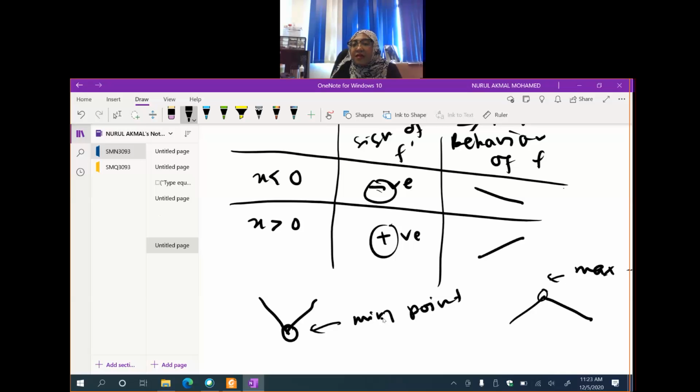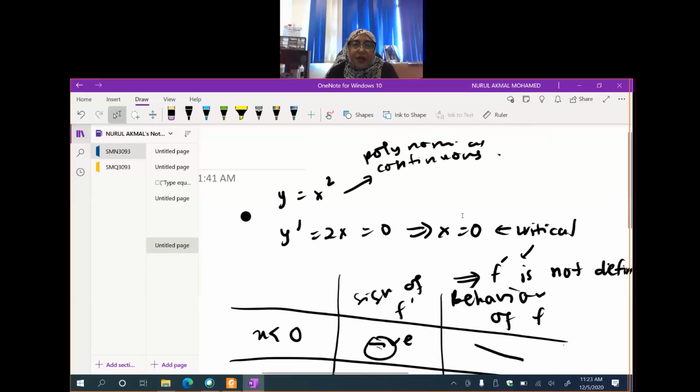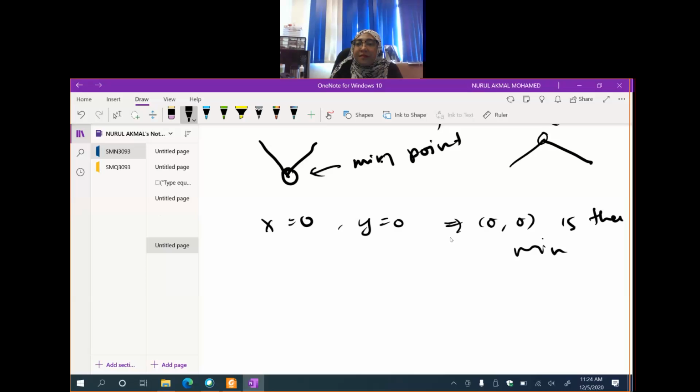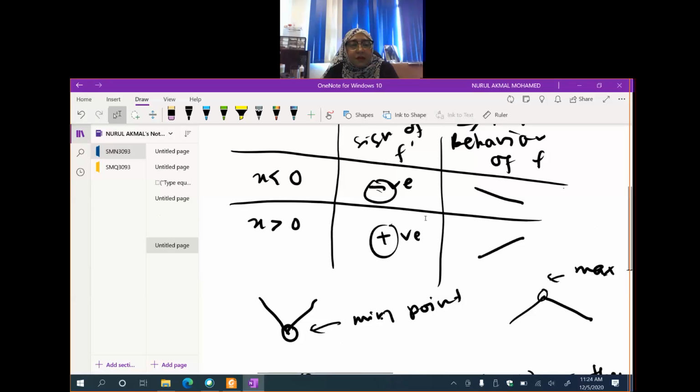For x equal to 0, it is a minimum point because it's first decreasing and then increasing. So x equal to 0, and the coordinate when x equal to 0 is y equal to 0. So (0, 0) is the minimum point based on this table. Okay, so that's it.